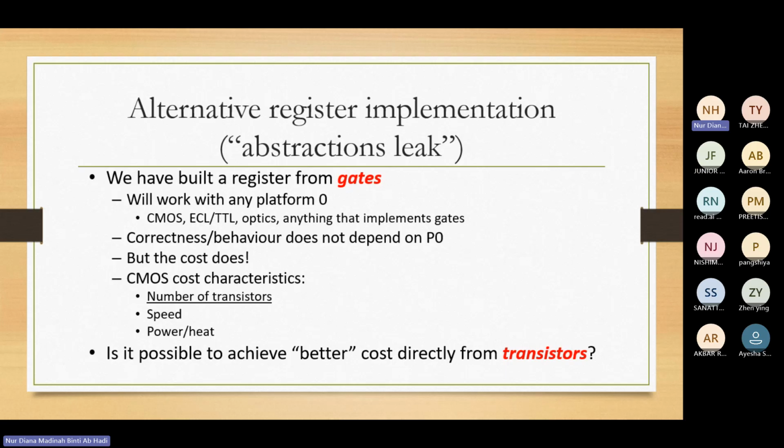CMOS cost characteristics: first is your number of transistors, and then you cover for your speed, power, or heat. So is it possible for us to achieve better cost directly from the transistor? This would also be one of the questions that I want you to go and do some research on.